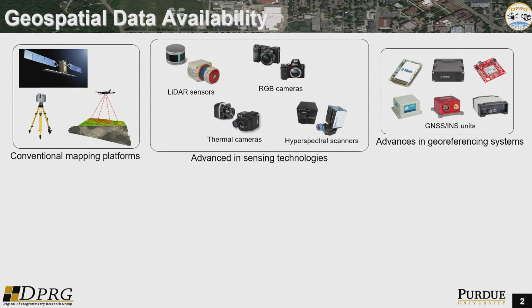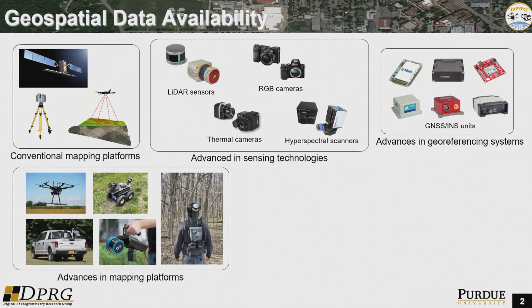And one of the nice things is the georeferencing technology, which gives us the position and orientation of the platform where we have the sensors. Together we also have advances in the mapping platforms. So we can have UAVs, we have wheeled systems, whether they are crewed or uncrewed. We have handheld systems and backpack units as well.